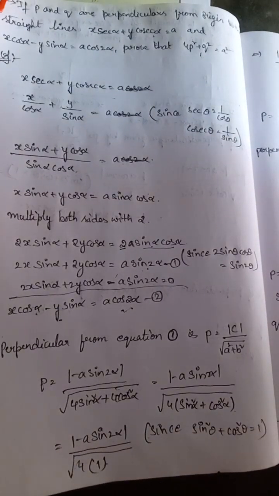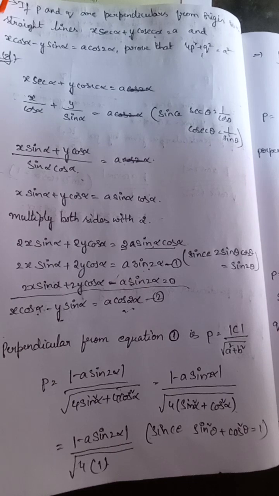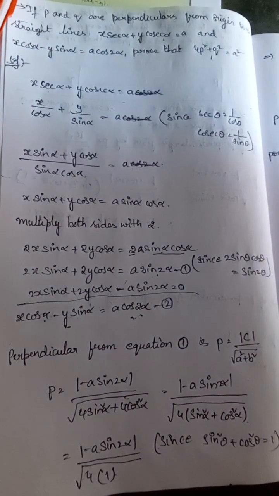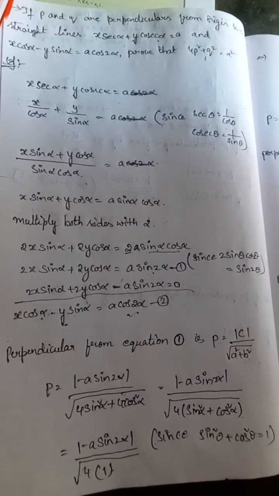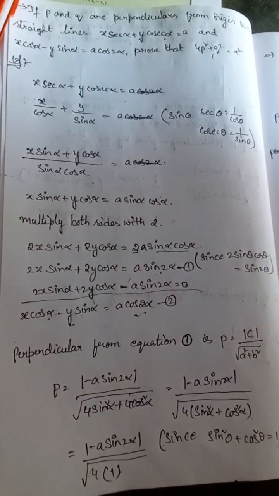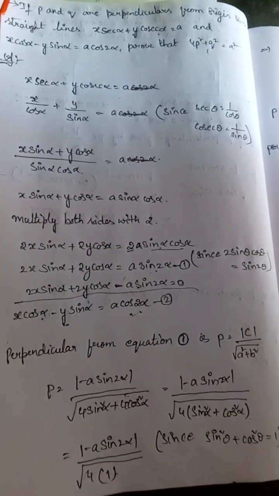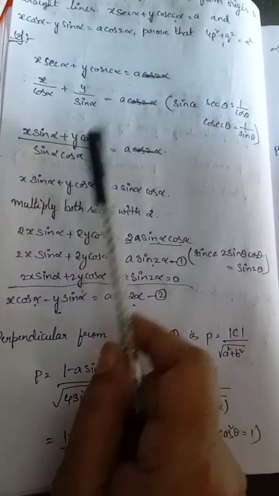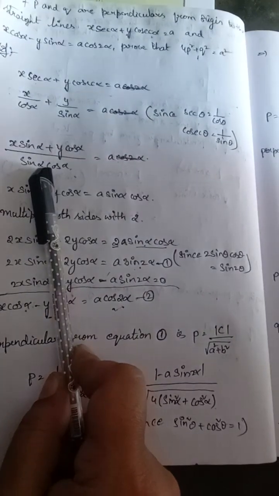So, first, let us take the equation x secant alpha plus y cosecant alpha equals A. Secant is nothing but the inverse of cos, so that is x by cos alpha plus y cosecant alpha, which is y by sin alpha, equals A. After taking LCM, you will get the LCM sin alpha cos alpha.